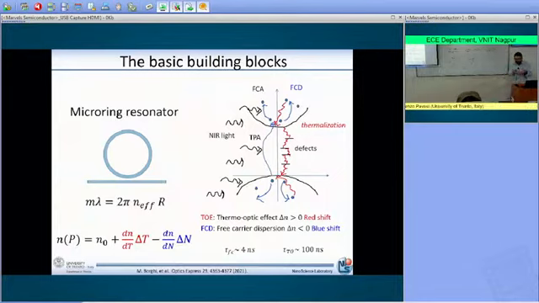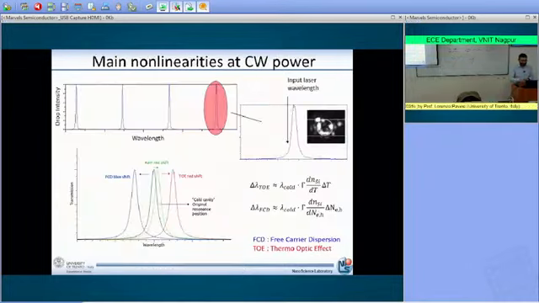So this is the time scale of the temperature change in the microring resonator. And the typical time of recombination of the free carriers is 4 nanoseconds. So this is the time it takes the free carriers to disappear. This is something that we will see playing a crucial role in explaining what I'm going to tell you in a while.